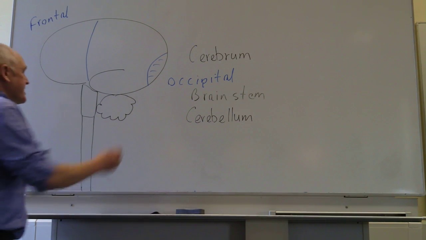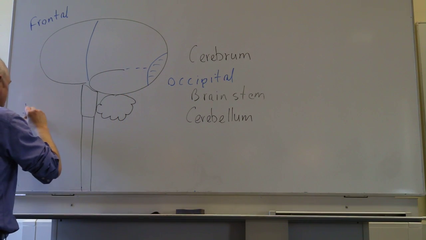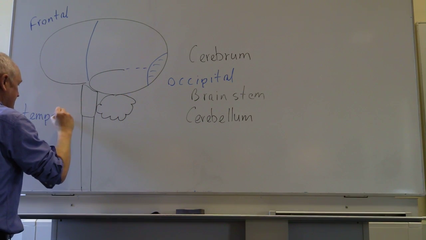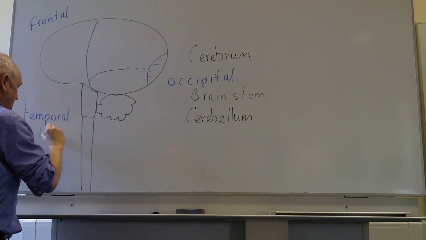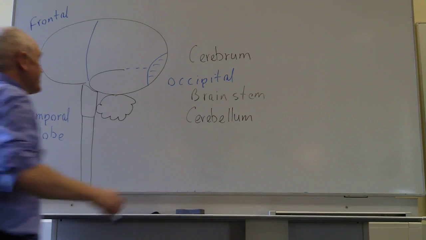And then the lobe above the ears is the temporal lobe. And the large lobe on the side is the parietal.